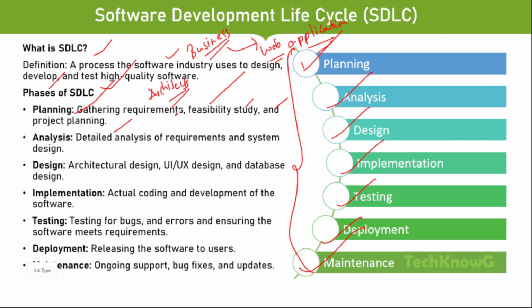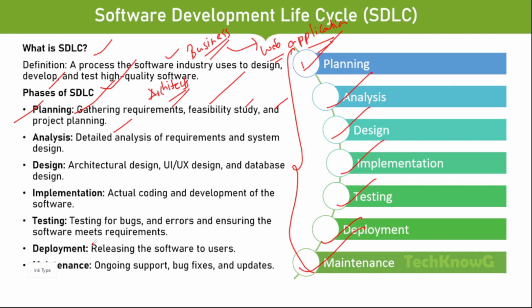If you are a business person and you want to build a publicly available website or web application, you will reach out to a company or a development team. They will first talk with the architects or leads, and you will explain your needs, what you require in your website. That is the planning phase.